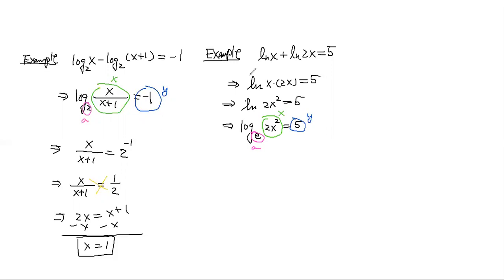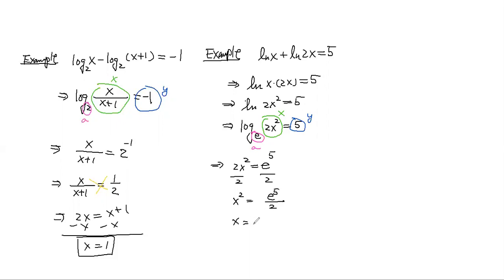So now I can write it: 2x squared is equal to e to the 5th. Now solve for x, so divide by 2 on both sides. So x squared is equal to e to the 5th divided by 2.